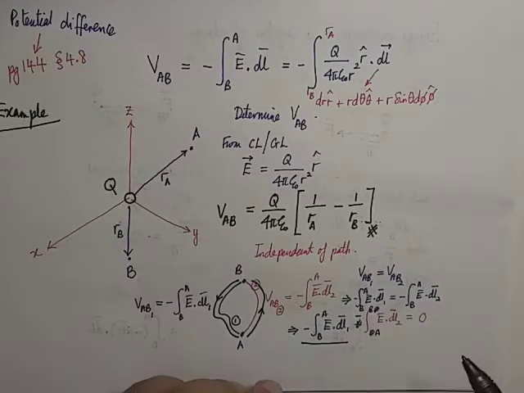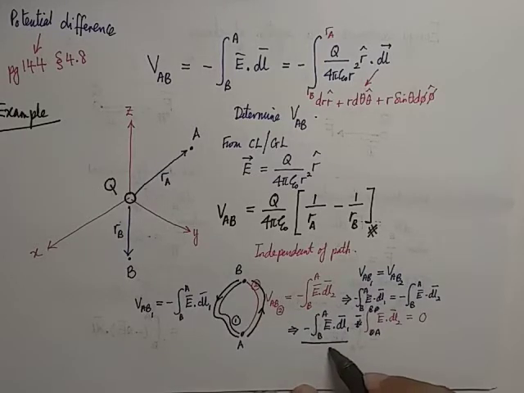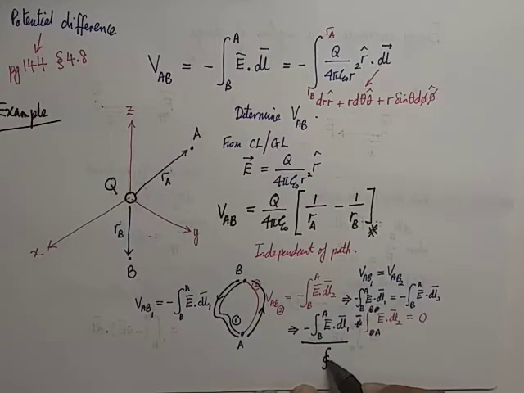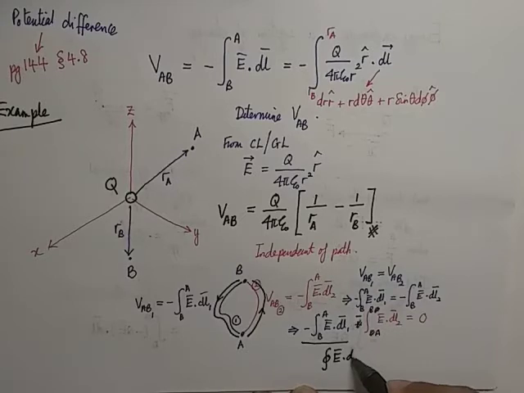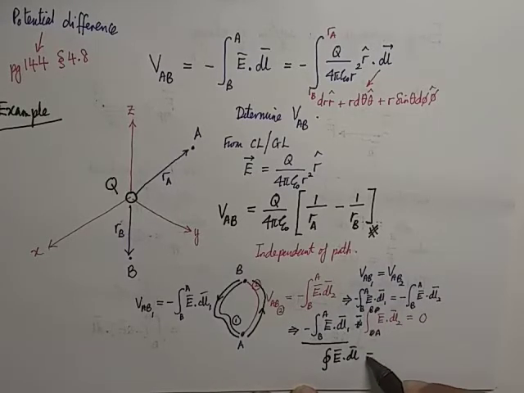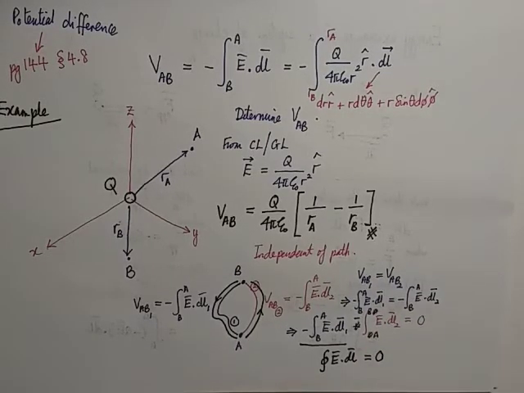So in other words, what we are saying now is that if I'm doing a completely closed integration of the E dot dl, the solution to it is equal to 0.